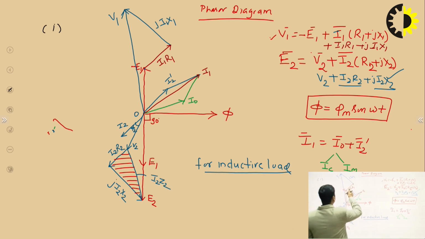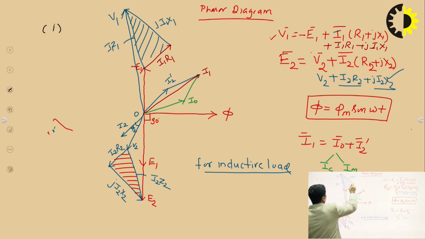In the previous question, when we drew the inductive load, this was the voltage triangle. Again, you can draw the voltage triangle for the primary side by simply connecting this, and this is your I1 Z1. So this was the part of this.